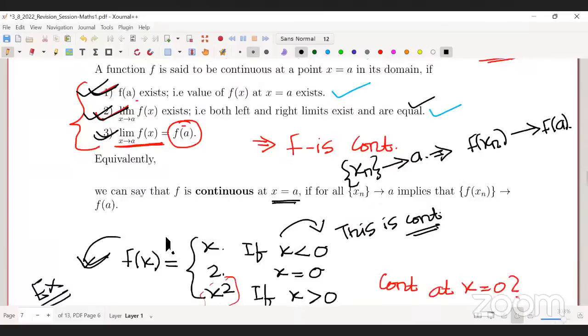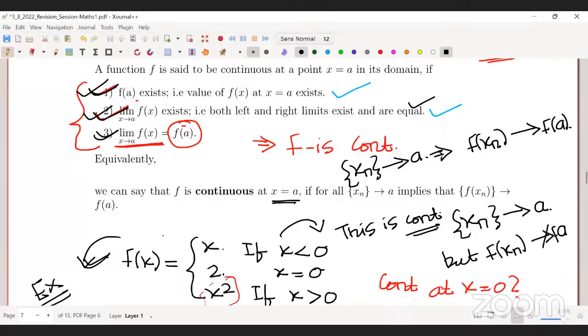That means if I have at least one sequence xn which converges to a, but f of xn doesn't converge to f of a, then I can say that this function is not continuous at a.